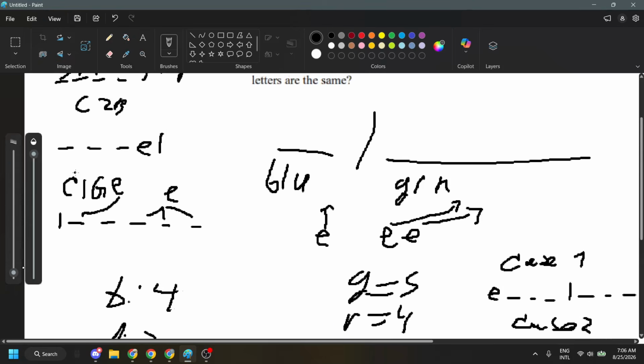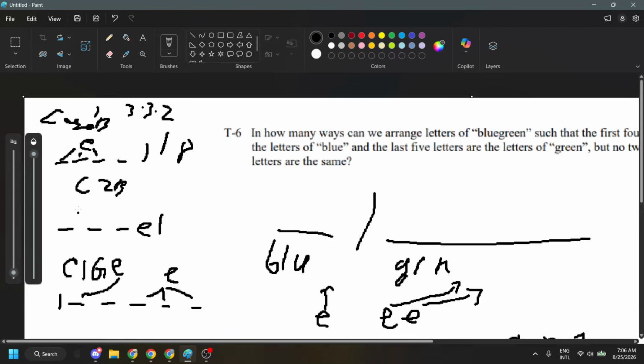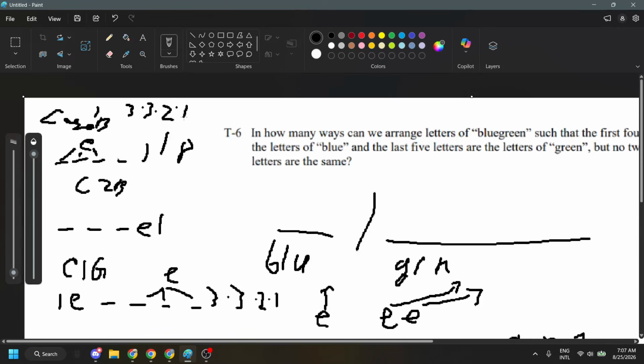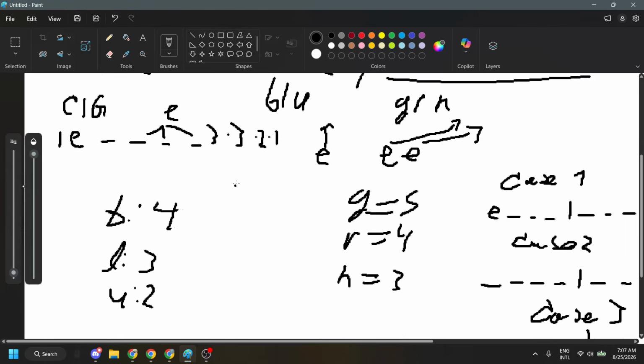With this one determined, we choose one of 3 for this E, and that's caught up, so we take one of 3 for the G, one of 2 for the R, and then times 1 for the N. So this again is 18.